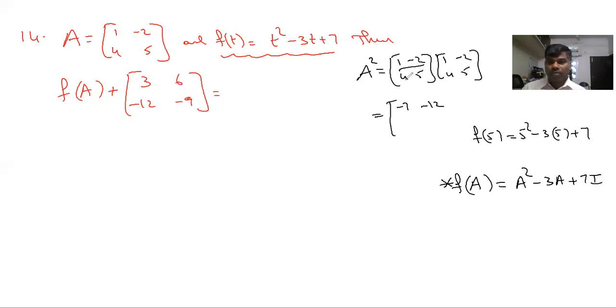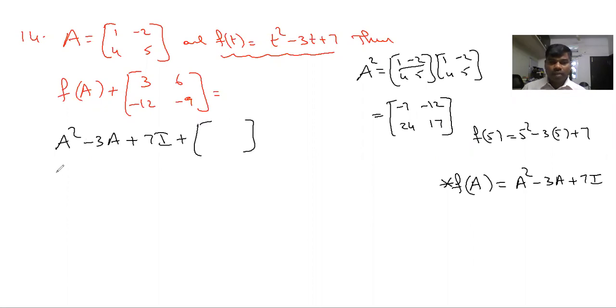Second row with the first column: 4 plus 20, 24. Minus 8 plus 25, 17. So once you get the A square, you can write this as A square minus 3A plus 7I plus this matrix.